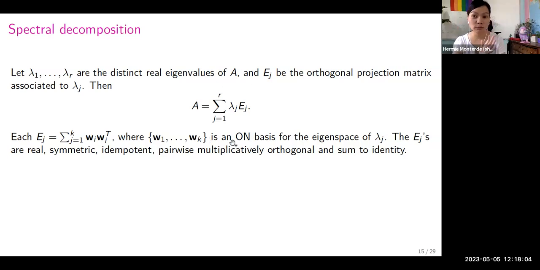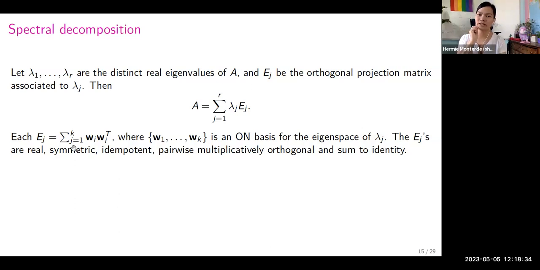So first, how do we get the E_j's? You just need to believe me here that given a lambda j, take any orthonormal basis for the lambda j eigenspace, then take the outer products and take the sum, and you get E_j. The thing is, each E_j is unique, but it works even if you take any arbitrary orthonormal basis for the lambda j eigenspace.